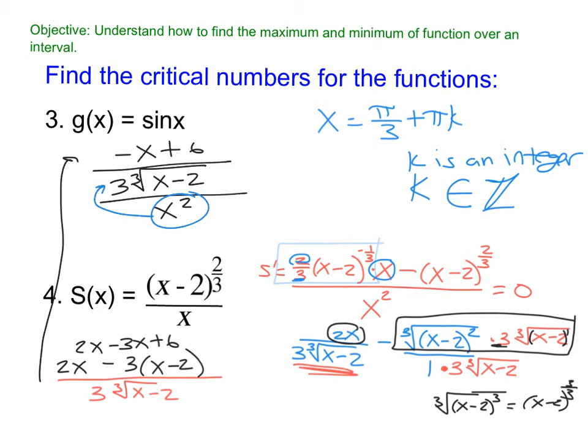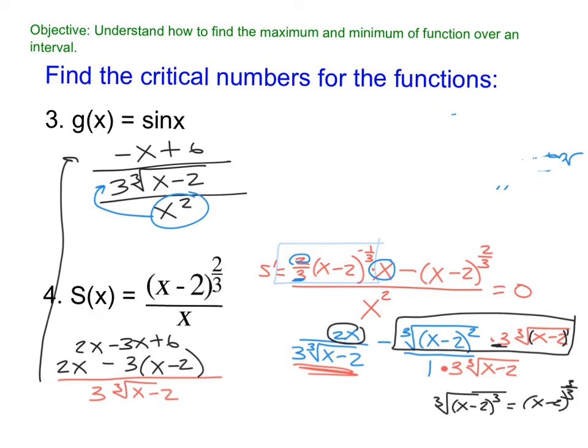All right, so that, again, like I said, this is the hardest problem in the whole lesson. This is one of the harder things we do. So we end up with negative x plus 6 over 3x squared, the cubed root of x minus 2, equals 0. Now that we have that, we can decide what our critical numbers are.